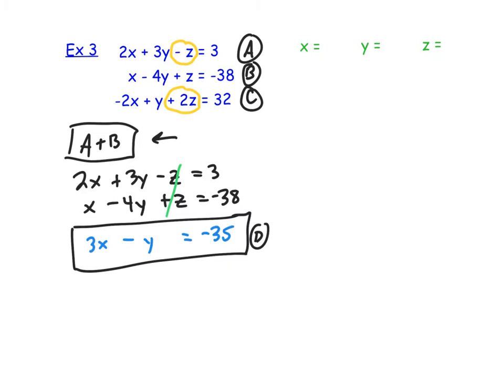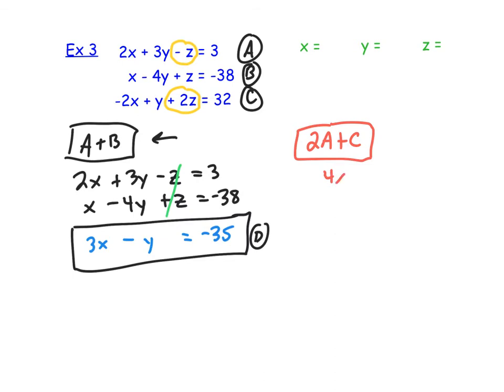If I don't have a second equation with x and y, then I'm kind of spinning my wheels. So what I'm going to do next is 2a plus c. If I double a, then I'll have negative 2z, and that'll be able to cancel out. So let's double a.